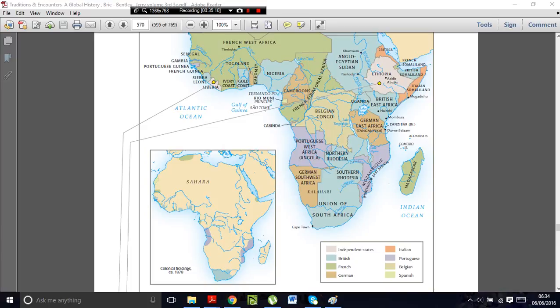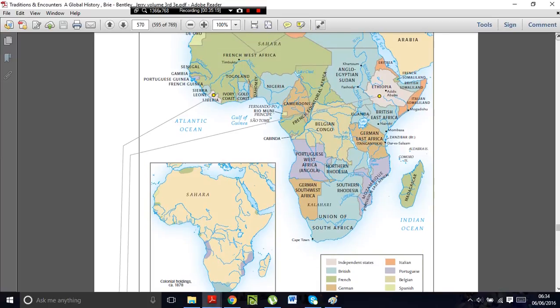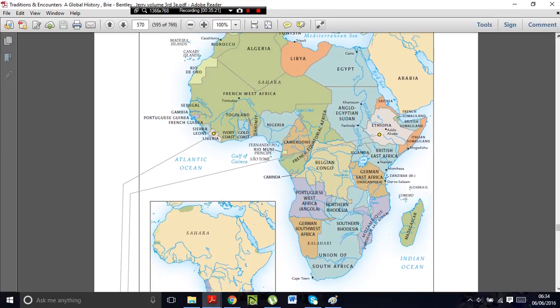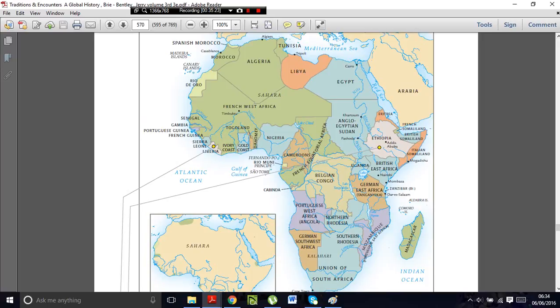So between 1875 and 1900, the relationship between Africa and Europe dramatically changed.